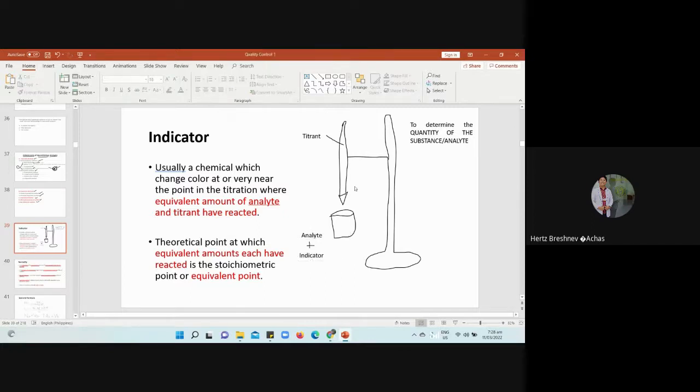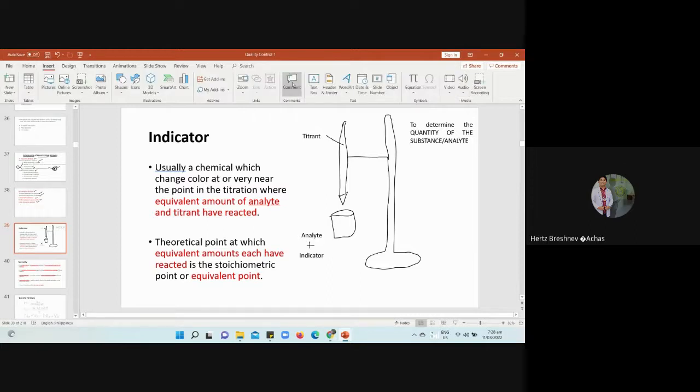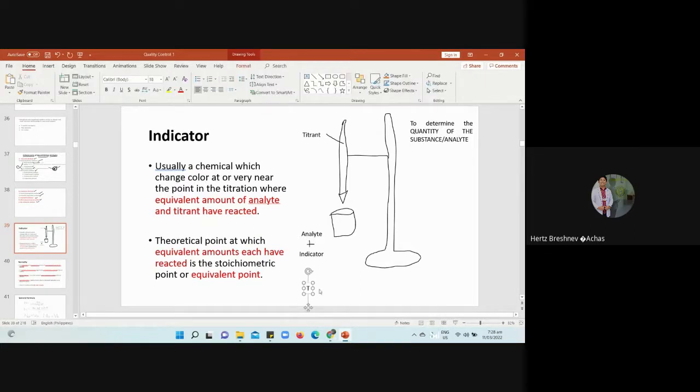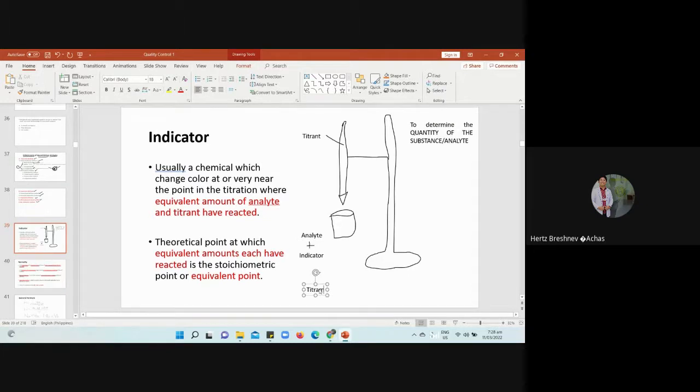So always remember that this is the setup of the titration process. And our objective is always to identify the quantity of the substance. And where will we locate the unknown substance? It is in the analyte. Let me just write the legend, or the definition. When we say titrant, known concentration.